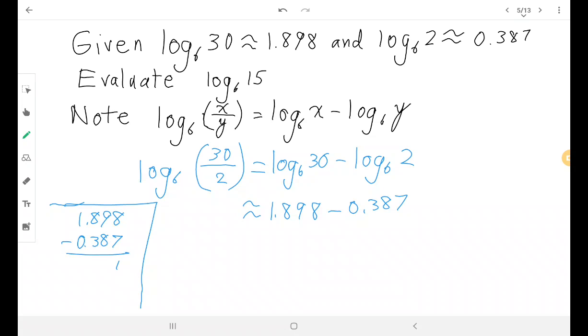So it's approximately 1.511. And there we have it.